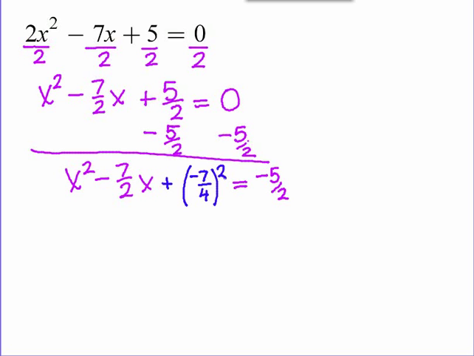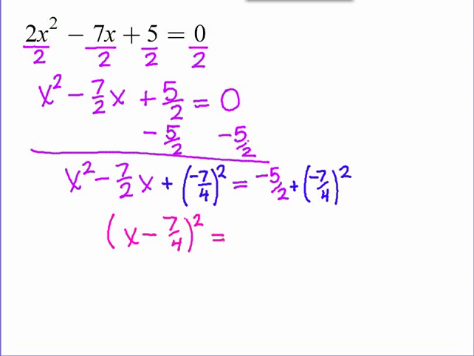So I'm going to add that here. On the left side, what am I left with? x minus 7/4 quantity squared equals.